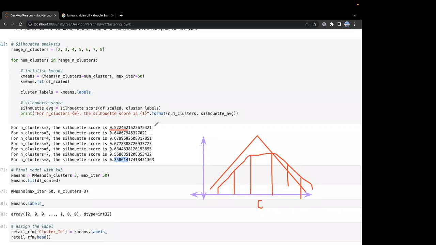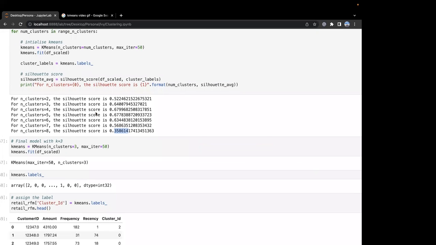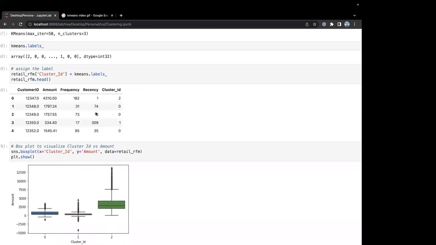There was an increase in the silhouette score till here. 0.679, this was the maximum. After that, it started decreasing. So it would look something like this. Increase till cluster equal to 4. After that, there is a decrease in the silhouette score. So the silhouette score can actually tell you the number of clusters that you should choose mathematically. Right? Same as elbow curve.